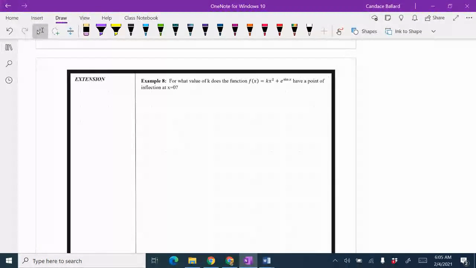In order to get to the second derivative, I know I have a chain rule going on.